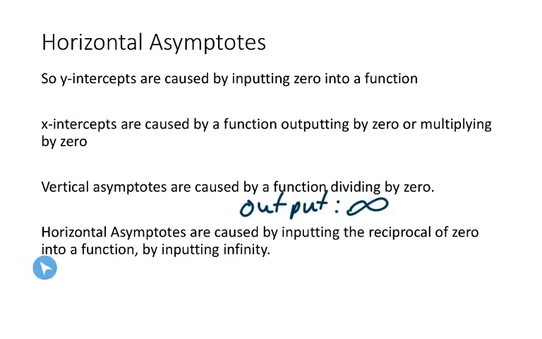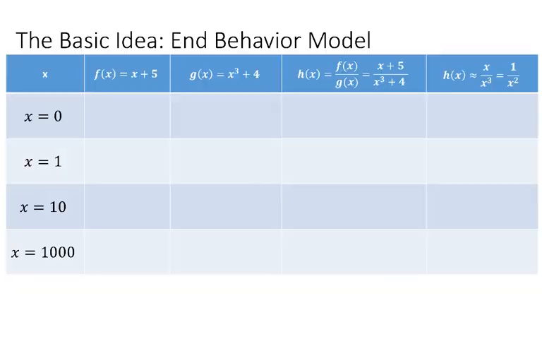Hey, that's really similar to y-intercepts and x-intercepts. Why, yes, it is. To see why this works, I want you to think through what happens as numbers grow larger and larger. We're going to start with some simple stuff. We have the function f of x equals x plus 5, g of x equals x cubed plus 4, and then h of x is f over g.